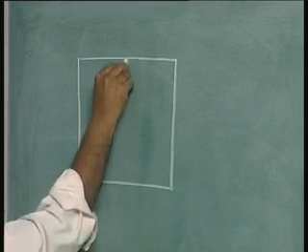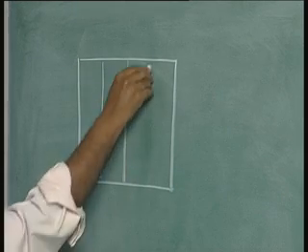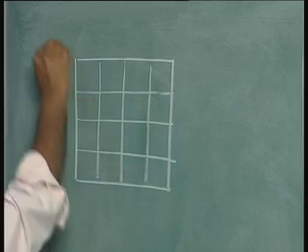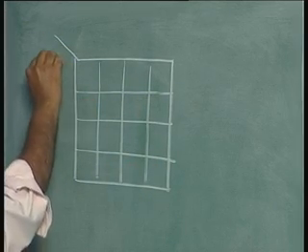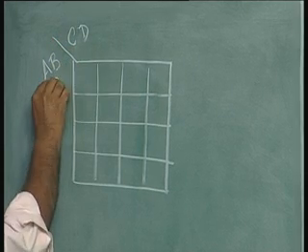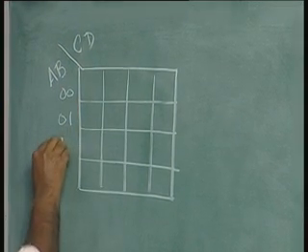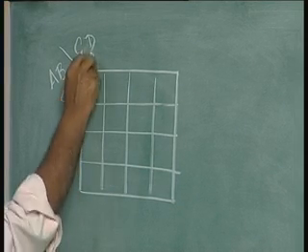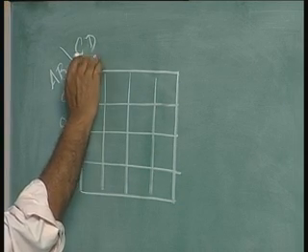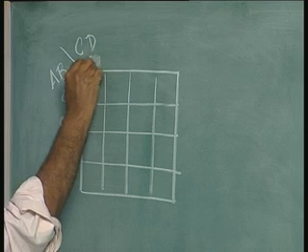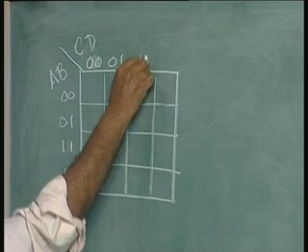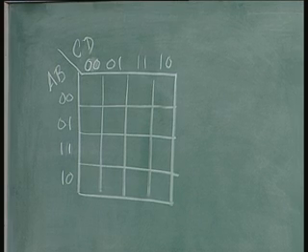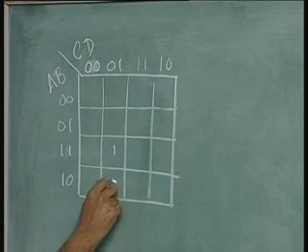Four variables, we will call these variables A, B, C, D. Let us say this map has ones in the following cells.